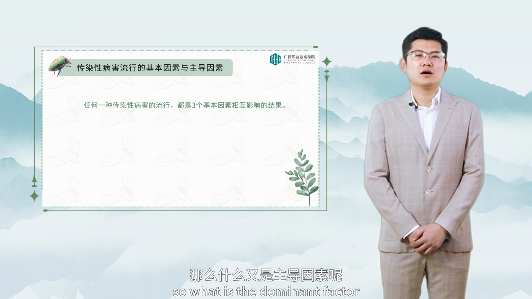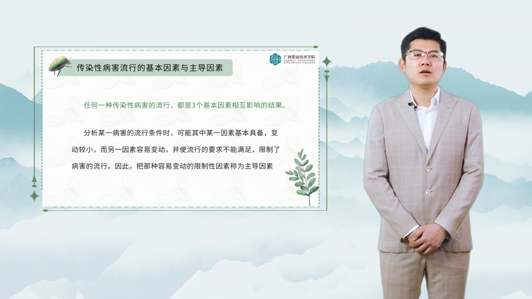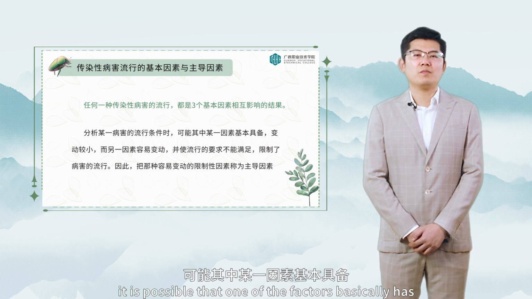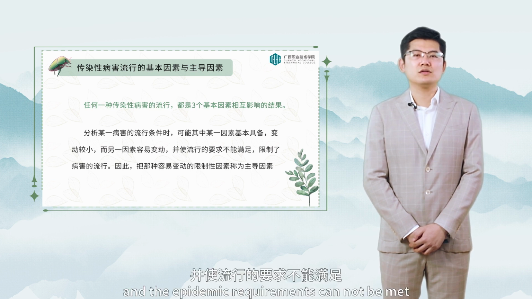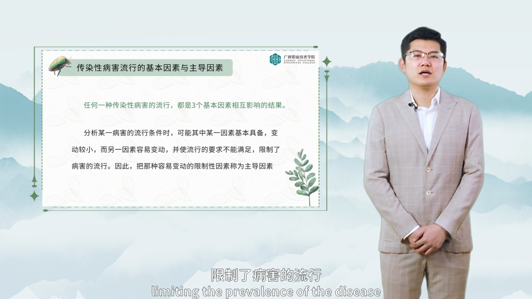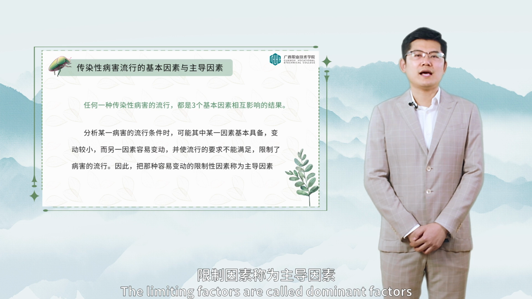So what is the dominant factor? When analyzing the epidemic condition of a certain disease, it is possible that one of the factors basically has low variability, while the other factors are easy to change and the epidemic requirements cannot be met, limiting the prevalence of the disease. So, the limiting factors are called dominant factors.